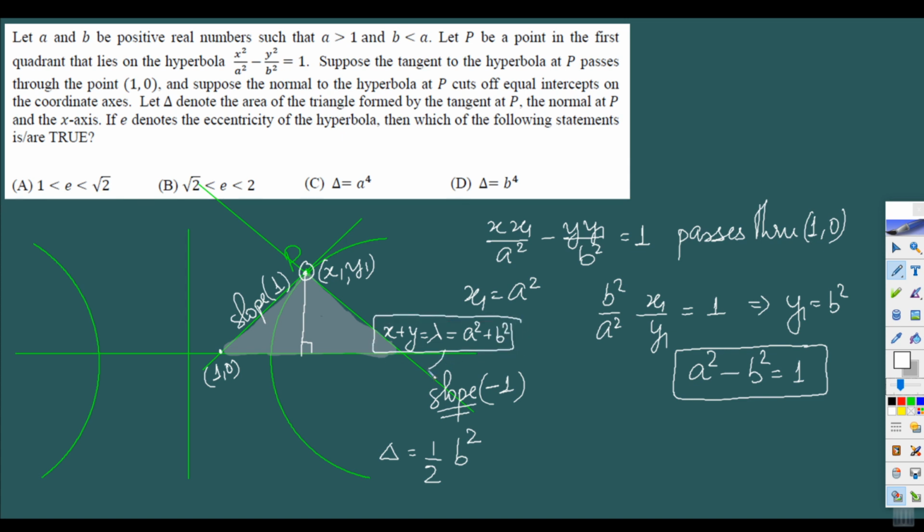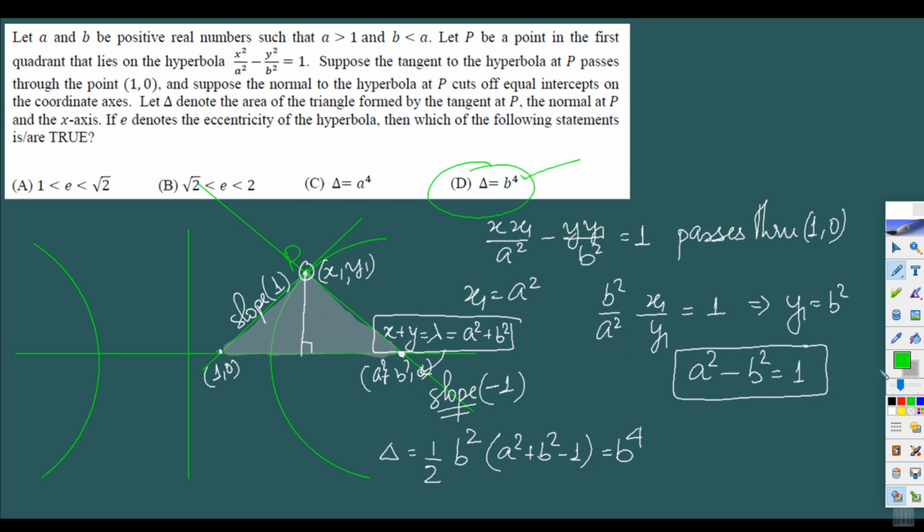When this normal meets the x-axis, we put y equal to 0. So this point is (a square plus b square, 0), and the other point is (1, 0). So your base is a square plus b square minus 1. a square minus 1 is b square, plus b square is 2b square, so your delta is b raised to 4. So out of C and D, you know that D is done.